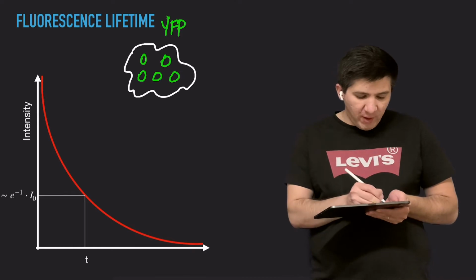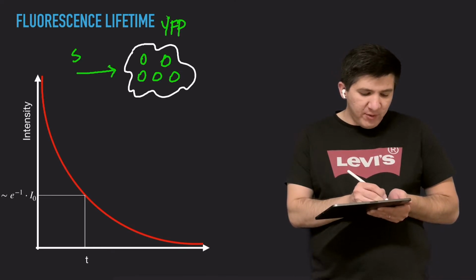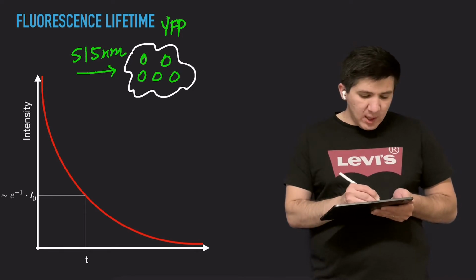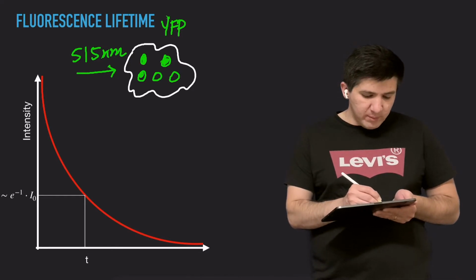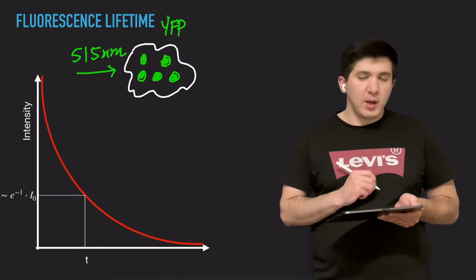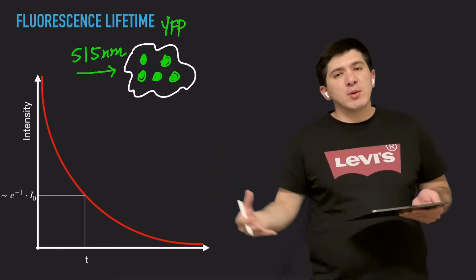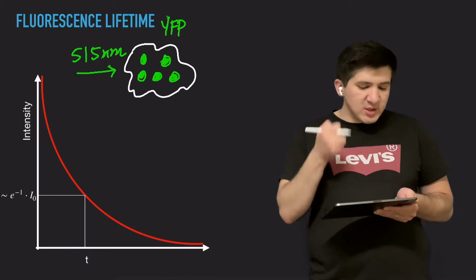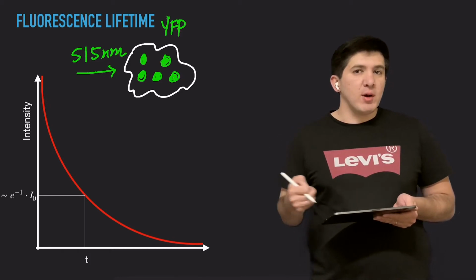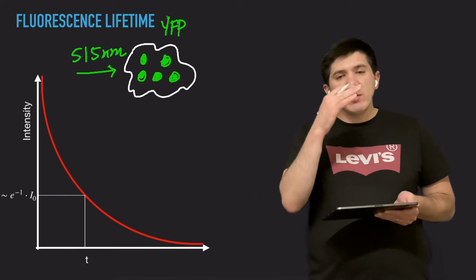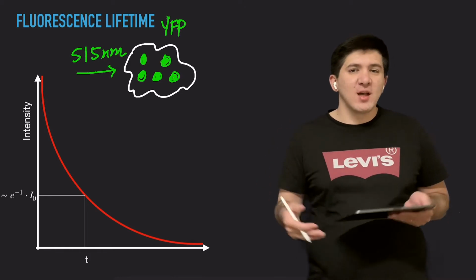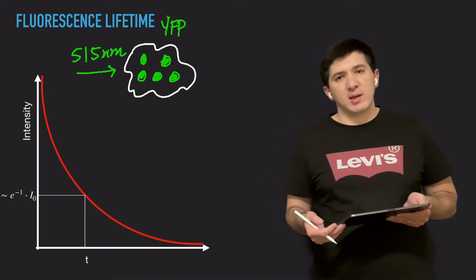And if you remember, if I just flash a light at the 515 nanometers wavelength, it can excite all of them, right? Okay, so let's assume that I've been able to excite all of them. Now I will just switch off the light source, and I will see how all of these fluorophores are going to relax.